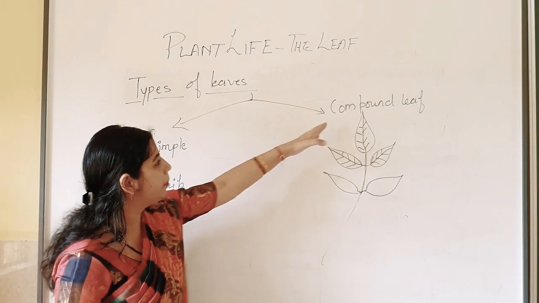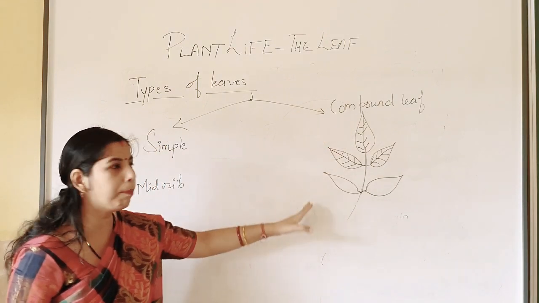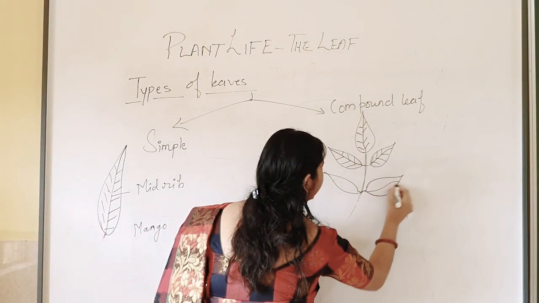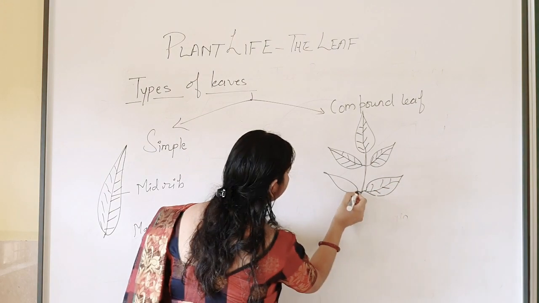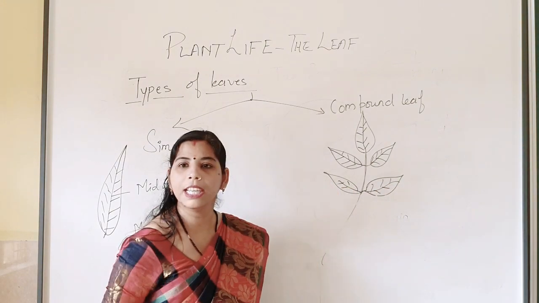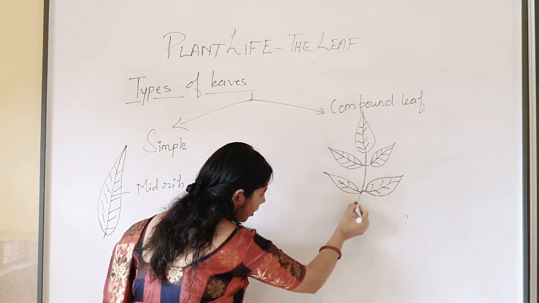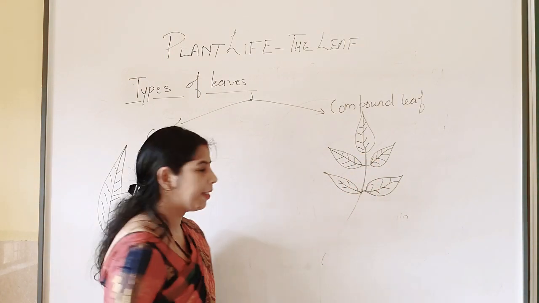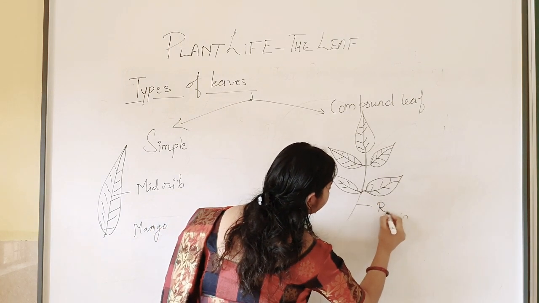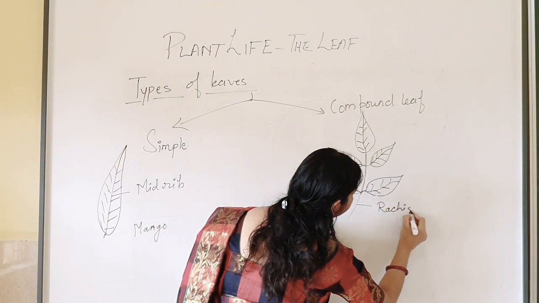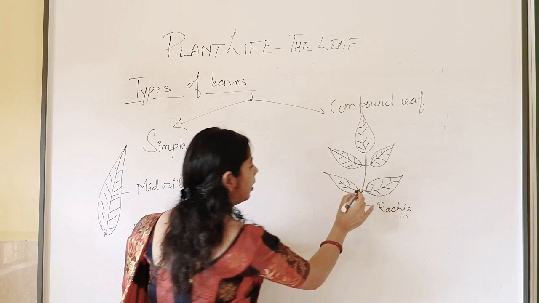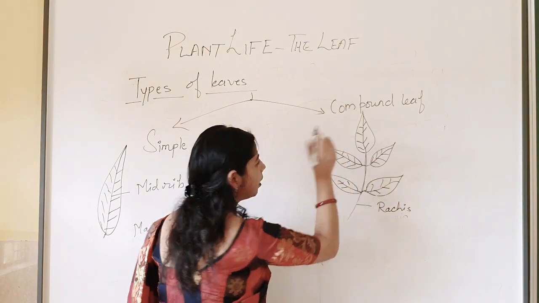And as compared to the simple leaf, in compound leaves the lamina is divided into the leaflet. That means here one thin stem you can say, but it is known as the rachis. In this rachis, the leaves arise on the different sides.